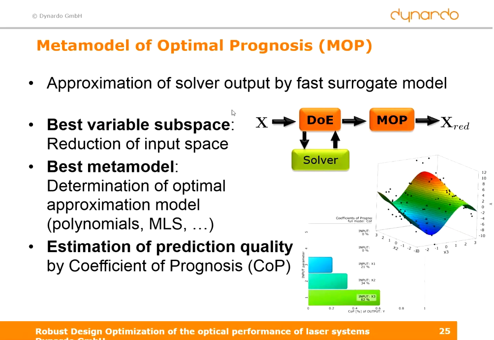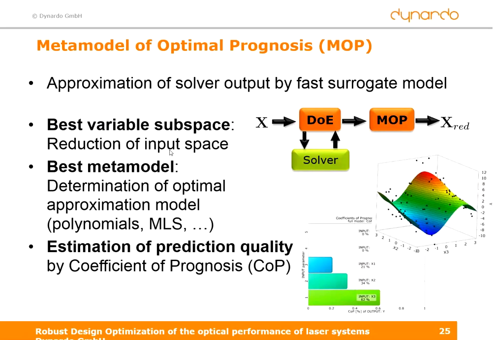What this algorithm actually does is reduce the input space and automatically use only the best variable subspace, which means you don't have to consider which input parameters really have an impact on your responses.